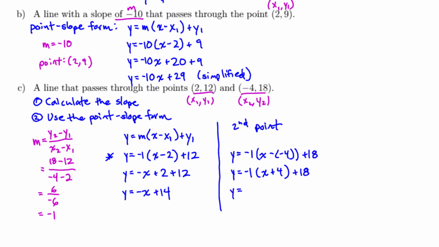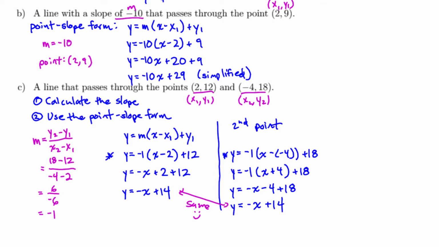So y = -x - 4 + 18, and in that final step we can see y = -x + 14. So the simplified form makes it really easy to see that this is exactly the same line. These first two that I had are both equations representing a line that passes through both of those points.